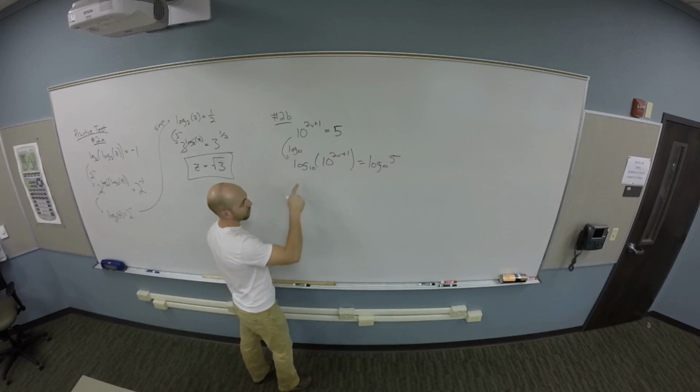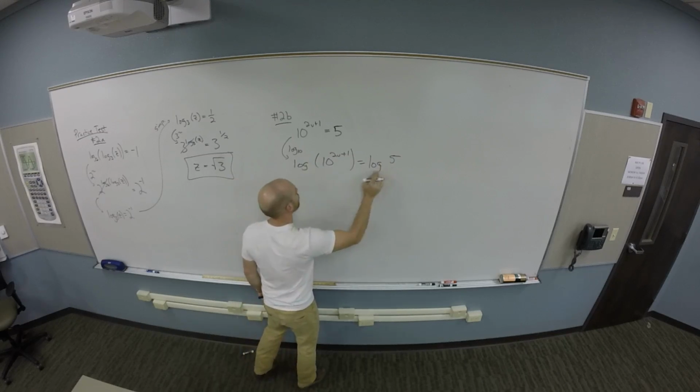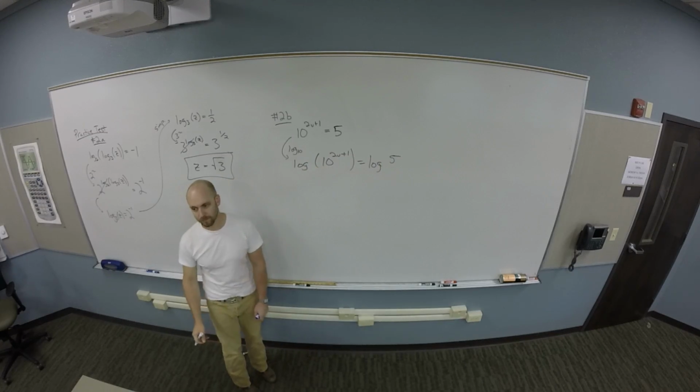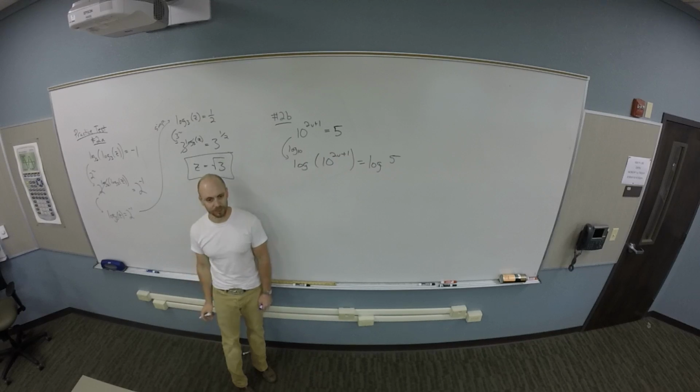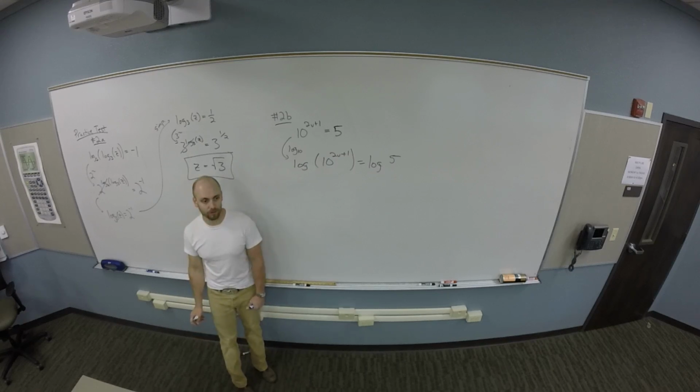Will we have to write out that 10 there if it's already naturally 10? Oh, yeah, probably not. We can dump those. Log is log base 10, but I probably don't need to keep writing that. All right, then what do I know about logs? The log can cancel with the 10.